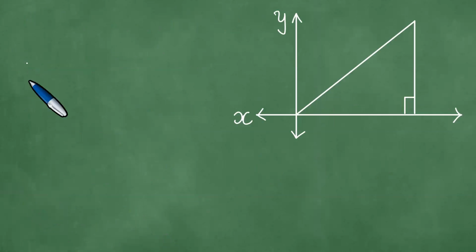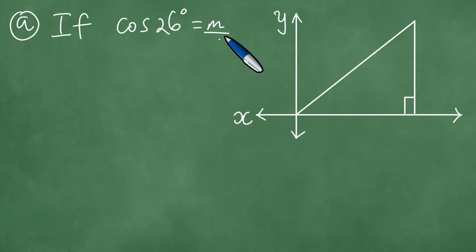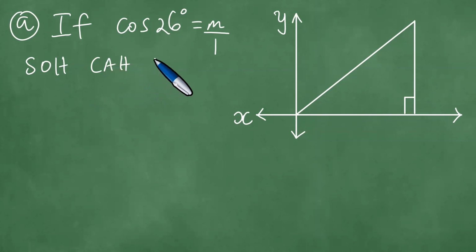First things first, we are looking at part A, where we have been told that the cosine of 26 degrees equals m. We know very well that these are trigonometric ratios, and we're going to use SOHCAHTOA.